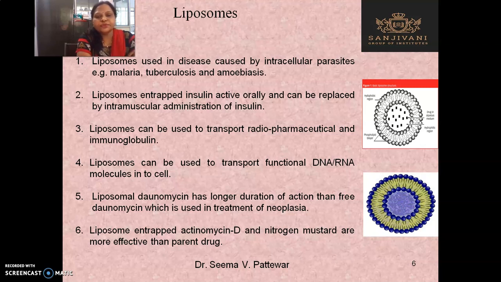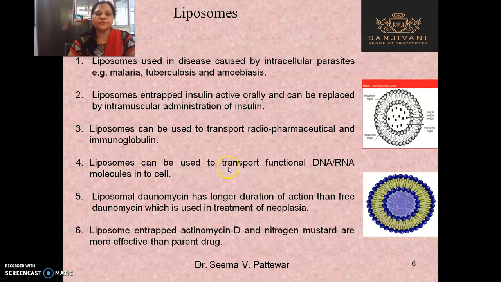Liposome can be used to transport radiopharmaceuticals and immunoglobulin. So what is immunoglobulin? These are proteins which are mostly used to increase the immunity of that particular person against the disease.